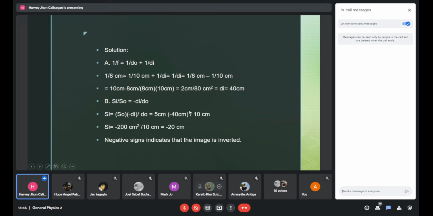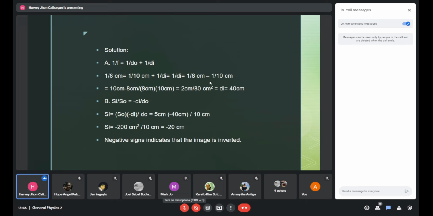Just like in mathematics, we first need to look for the LCD, the least common denominator. If we have no common denominator, let's look for the GCF, right?